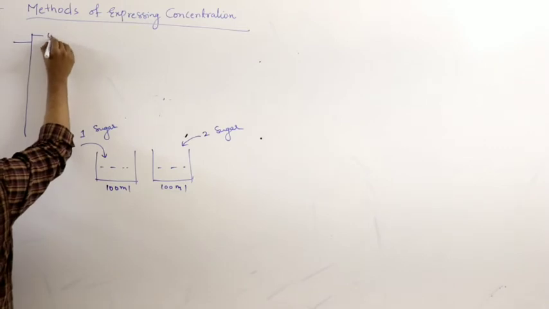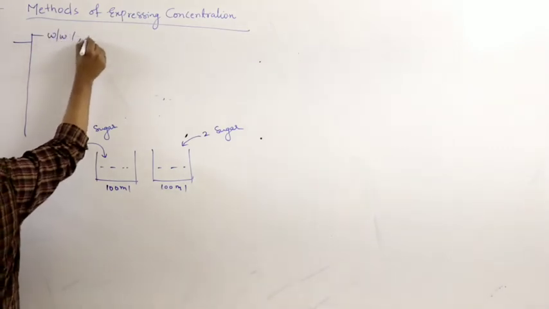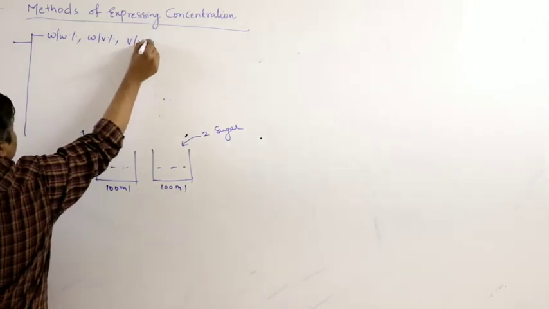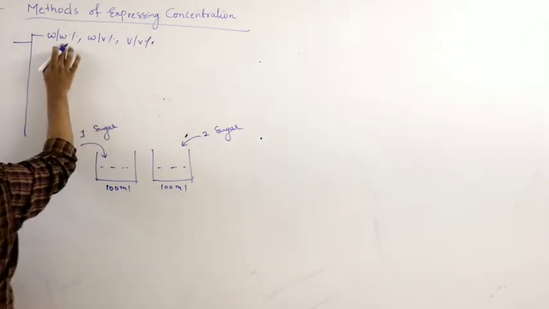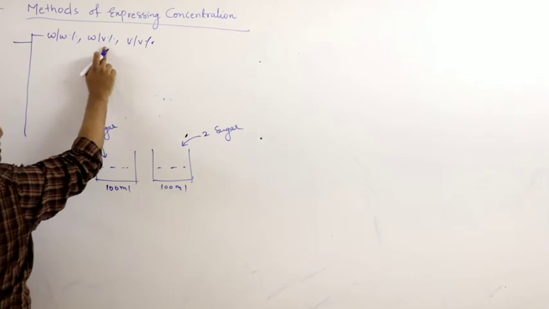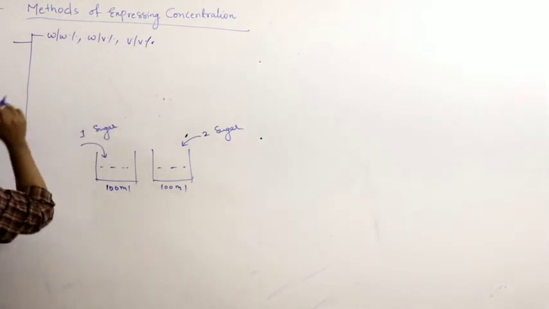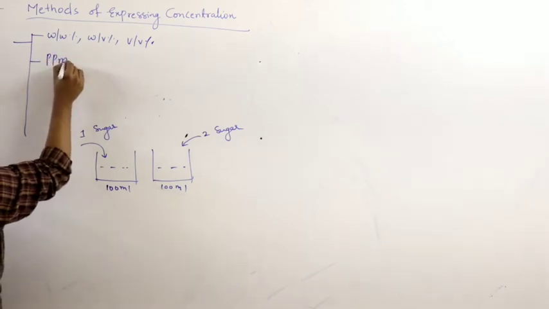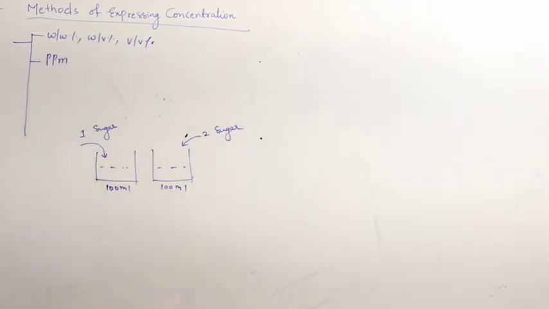Percentage methods like weight by weight percentage, weight by volume percentage, volume by volume percentage, or ppm, parts per million, ppb, parts per billion.